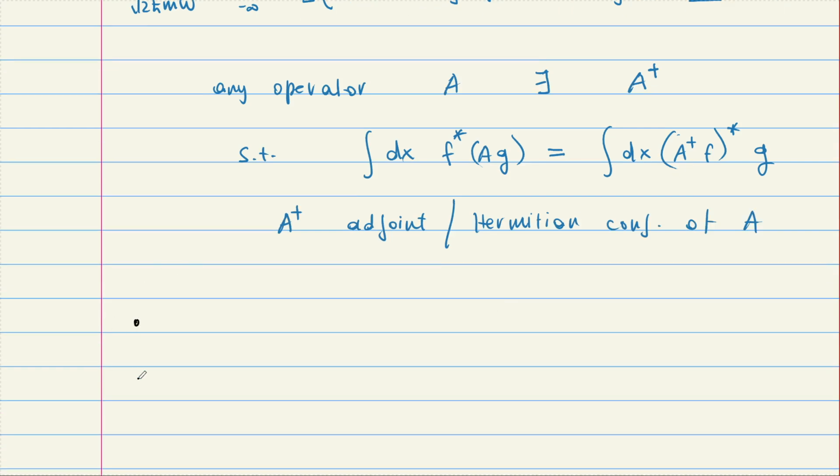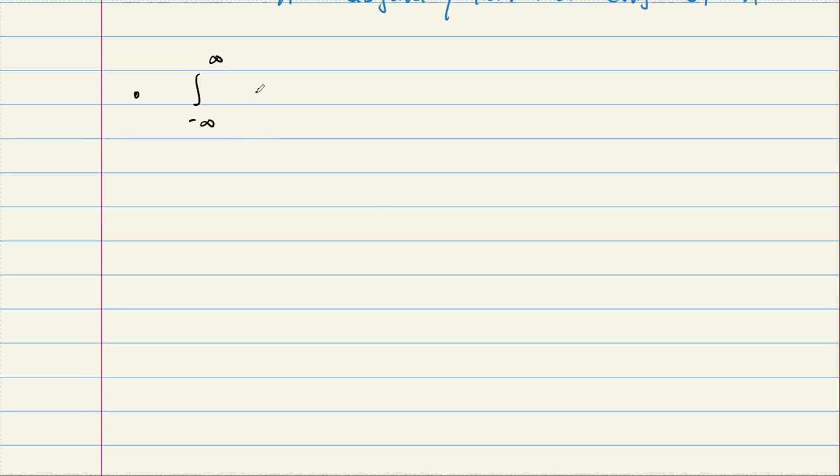And what I will calculate is I want to look at this object: the integral from minus infinity to plus infinity of (A plus psi n) star times A plus psi n dx. I want to calculate this object. With this new technology, I can take this A plus from here.